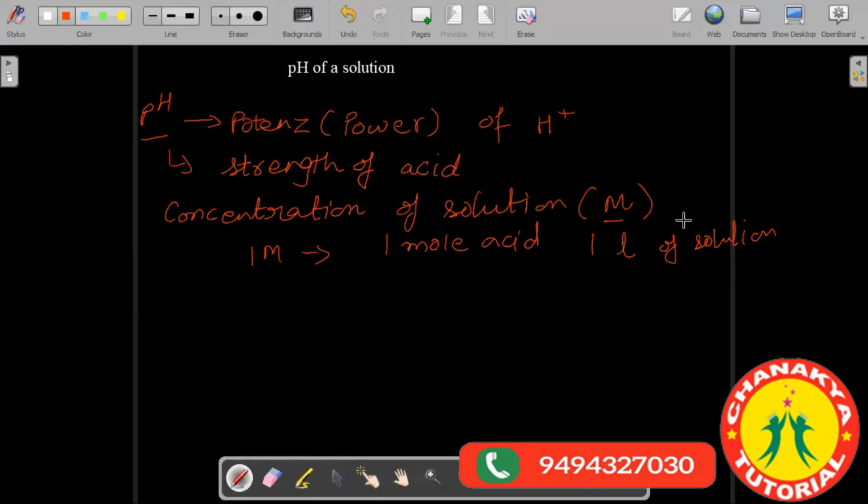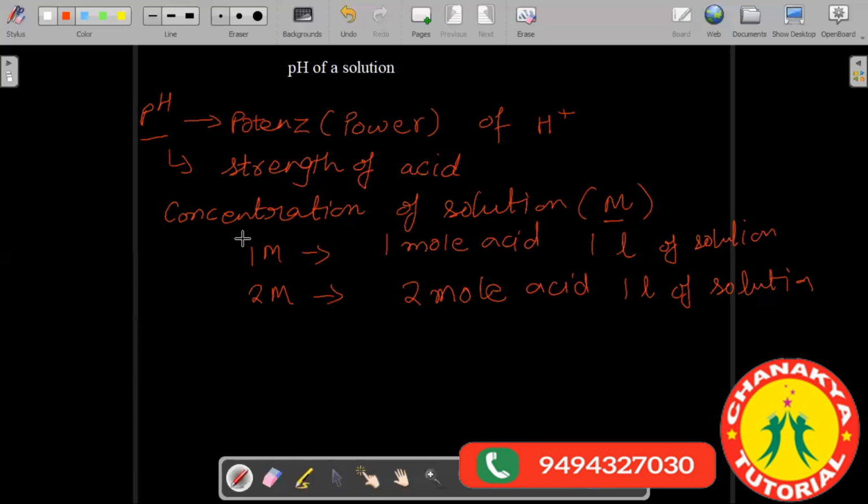If you say a 2 molar solution, it means 2 moles of the acid are present in 1 liter of the solution. So again, I have 1 liter of the solution, and in that 1 liter, I have 2 moles of the acid.